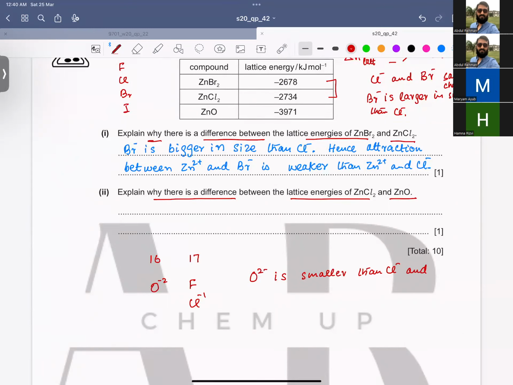and oxide ion has 2- charge, which is greater than Cl negative.